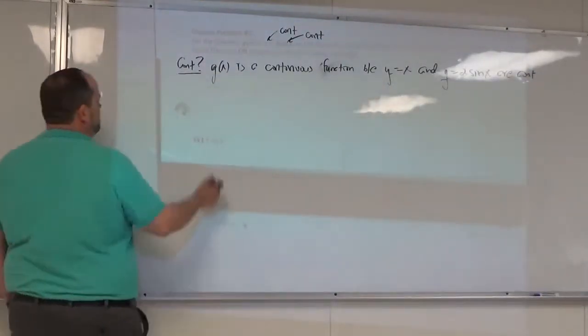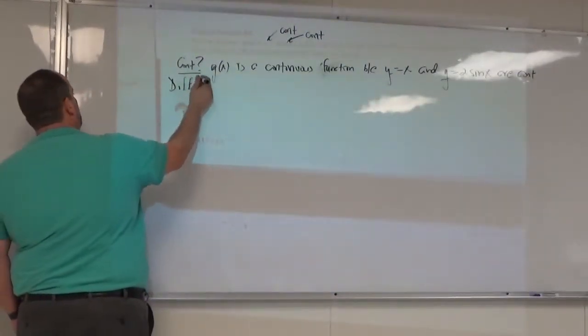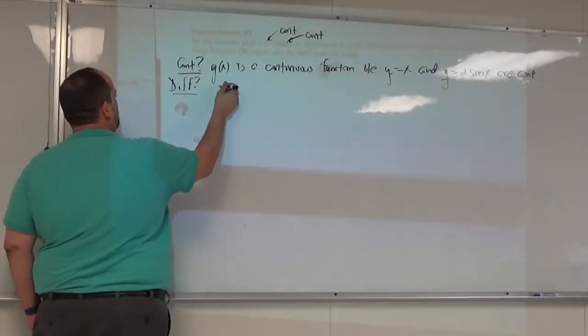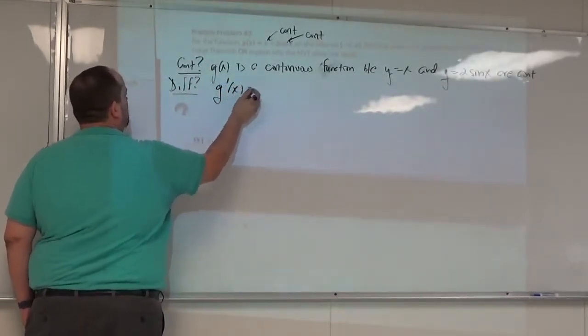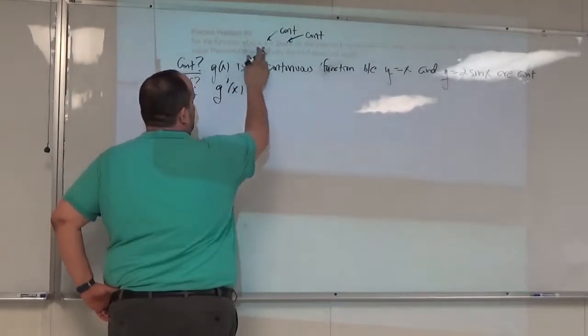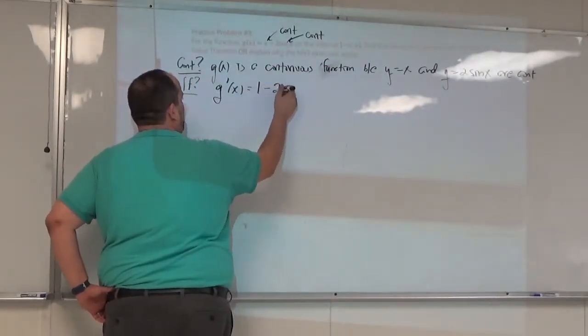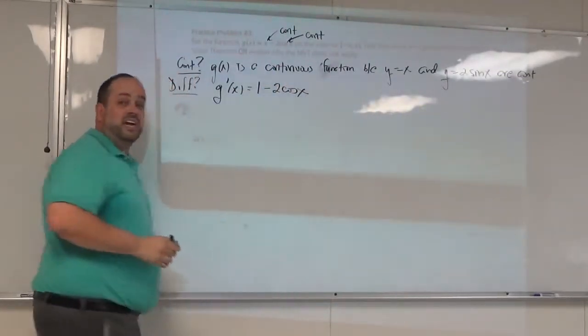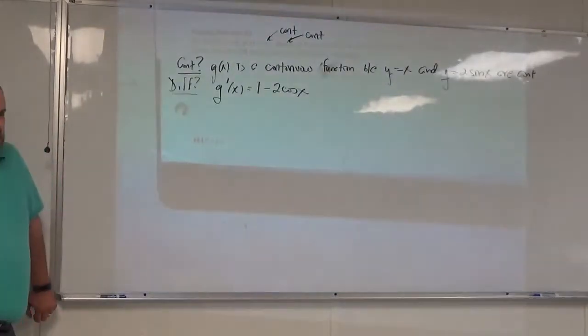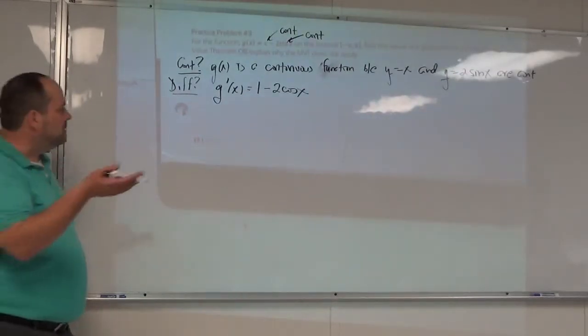Okay? Differentiable. Go find that derivative. G prime. G is x minus 2 sine of x. G prime is 1 minus 2 cosine of x. Does that exist? Yeah. Cosine of x, nice, smooth function, no problems.